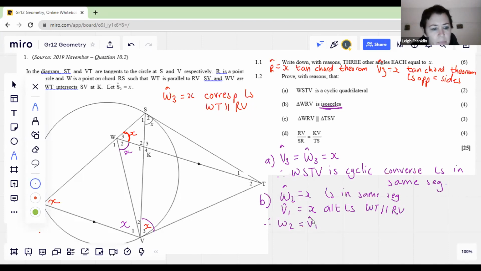No, sorry. That's not what's important here, even though that's true. We know that angle R is equal to X. So R equals X. And that was from 1.1 we proved above.